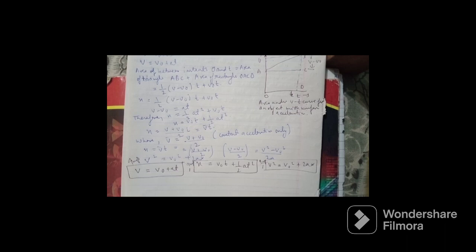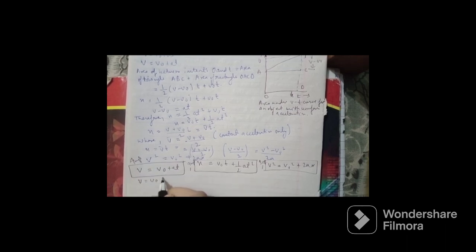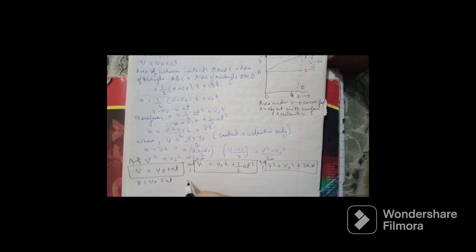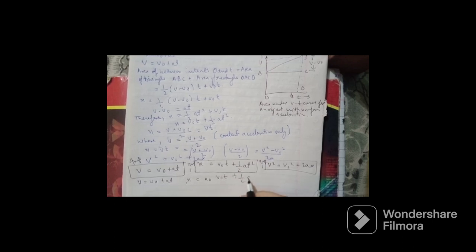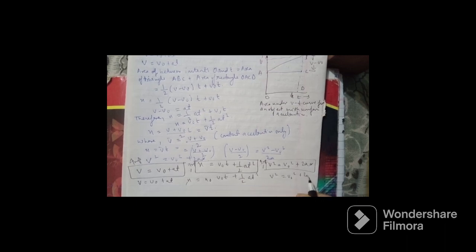Then we have v equals v naught plus at, x equals x naught plus v naught t plus half at square, and v square equals v naught square plus 2a times (x minus x naught). This is what we have.